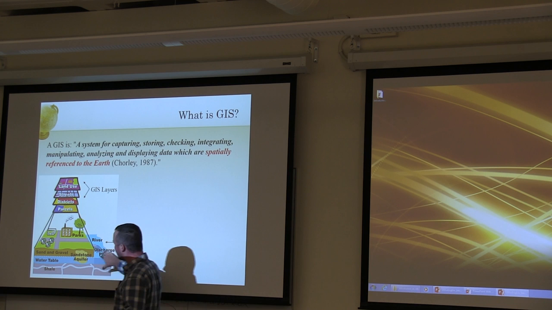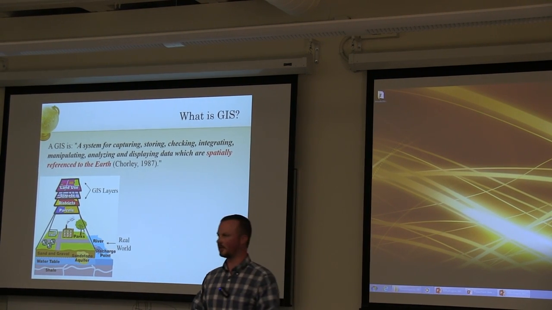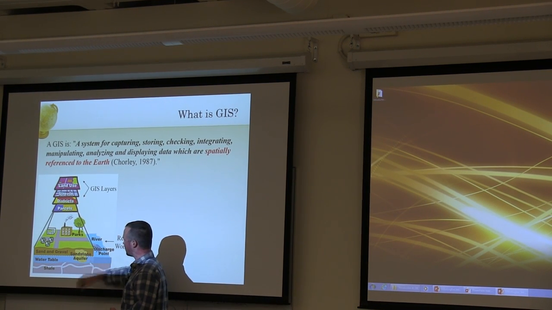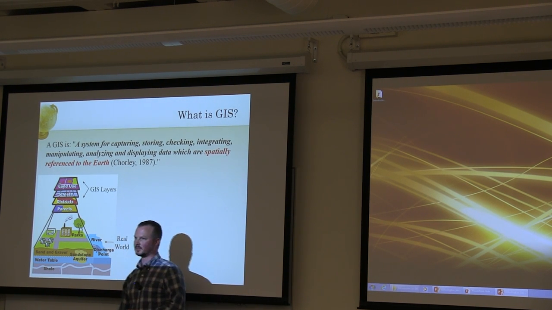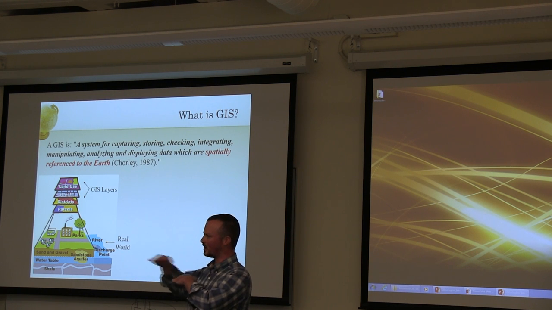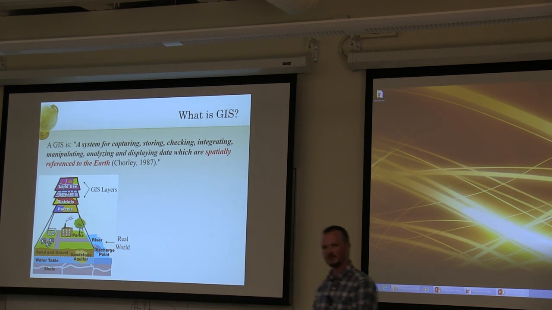You can also look at things below the surface of the Earth, so geology or hydrogeology, so what type of rocks and soils are present, what's the groundwater doing, what are surface water features doing, right? So does this fundamental aspect make sense? We split the world up into these layers based on some theme.